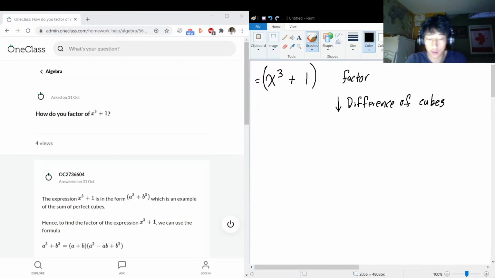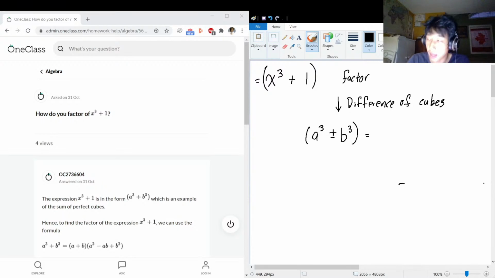Okay, just going to verify something super fast. Okay, so the difference of cubes formula works for cubic things added together as well as subtracted from each other. So I'll actually write it like this. Suppose we have a cubed, a to the power of 3, plus or minus b to the power of 3.